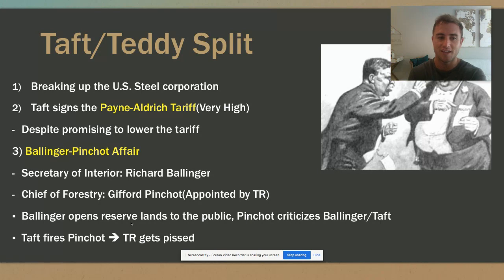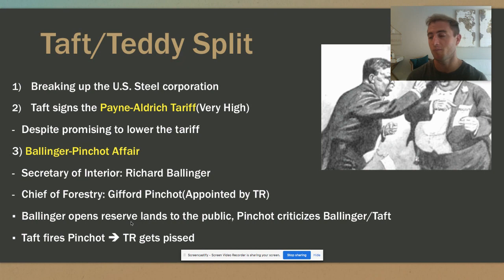And then the most infamous of all, the Ballinger-Pinchot affair. Our situation is Taft has appointed a new Secretary of Interior, Richard Ballinger. The Chief of Forestry has been around since Teddy Roosevelt's presidency, and that's Gifford Pinchot. Gifford Pinchot is a classic conservationist. He doesn't want any of the land set aside for the nature reserve to be used for the public.